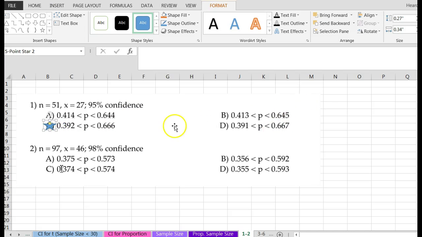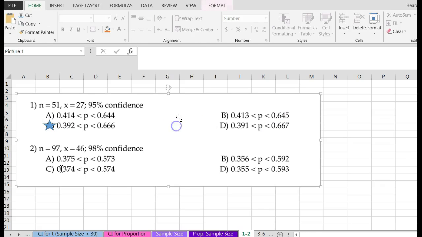How's that? My next problem says N equals 97, X equals 46, and they want us to find the 98% confidence interval. I like this one. 97, 46.